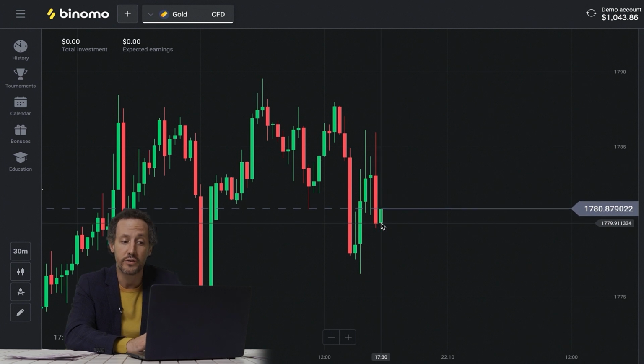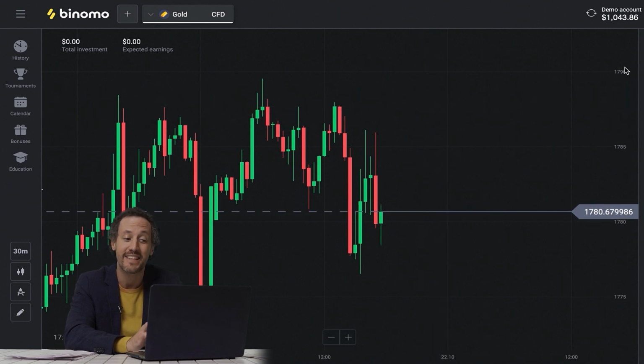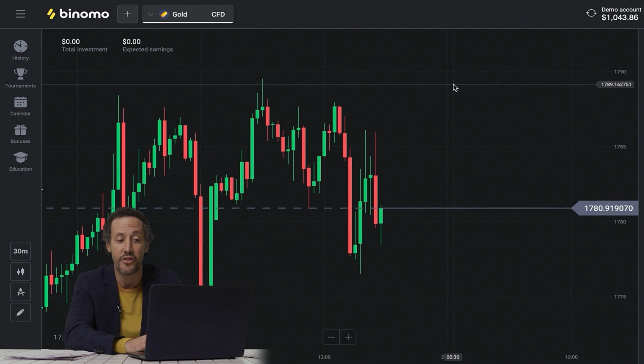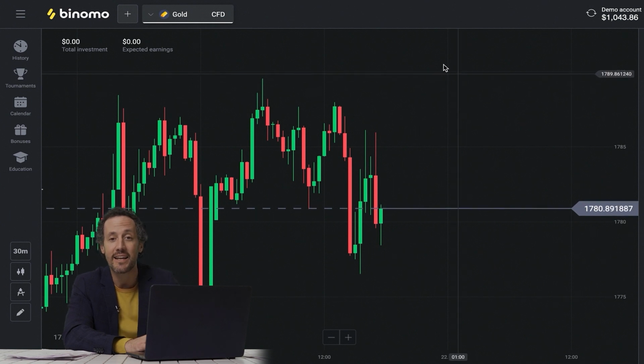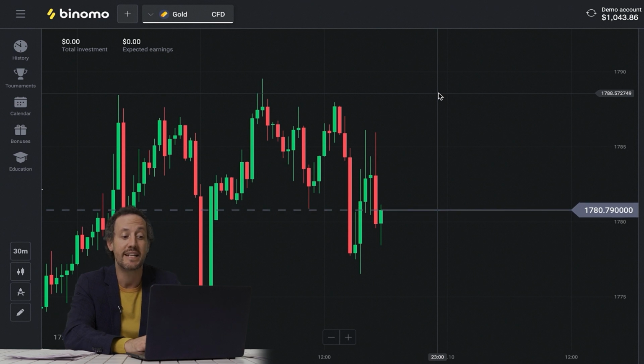We conclude a contract for difference on a price increase. If the price of gold rises to $1.79, the CFD rate will rise accordingly. After closing the contract for difference and selling the CFD at that price, we make a gain of plus 56%. If you're interested in the CFD trading, let me know in the comments.